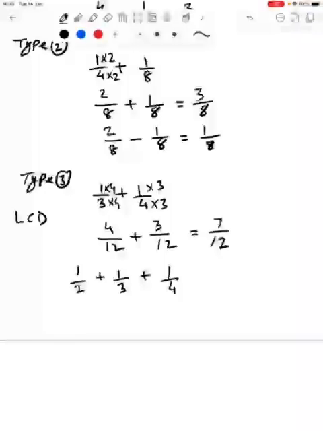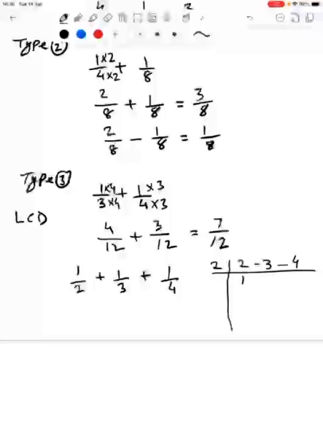Okay, so we need to find the LCD for 2, 3, and 4. And I'm going to show you how to find it simply. You write the denominators in this way, 2, 3, 4, and you divide with the simplest number, 2, 3, or 4, whatever they are. So we divide by 2.